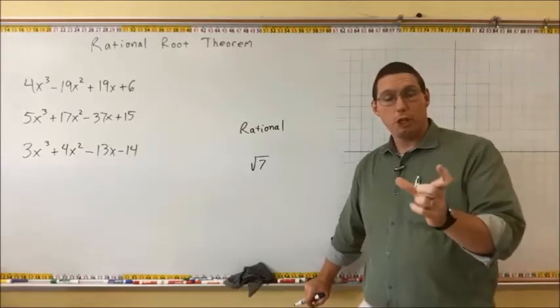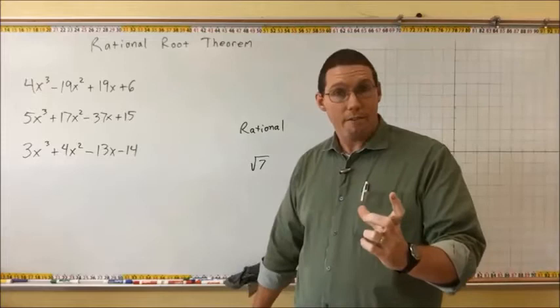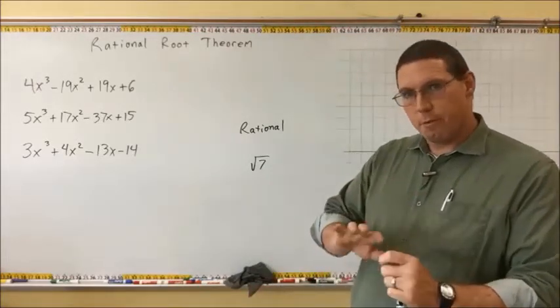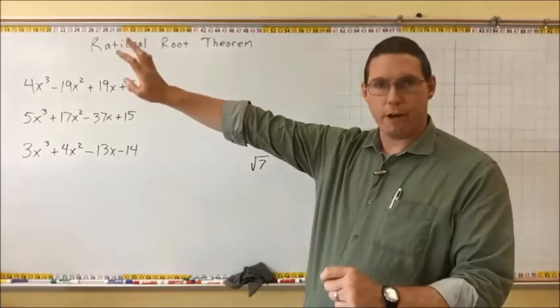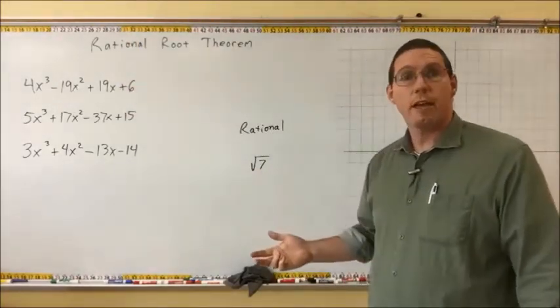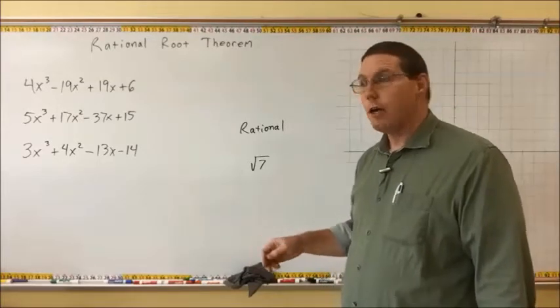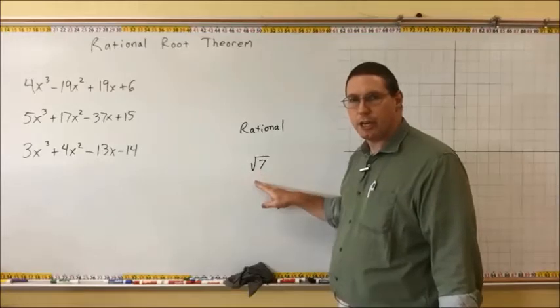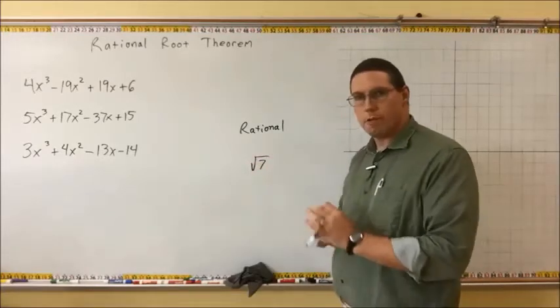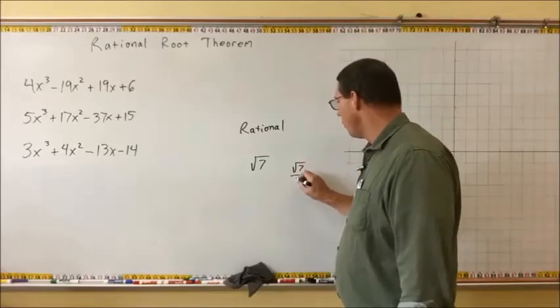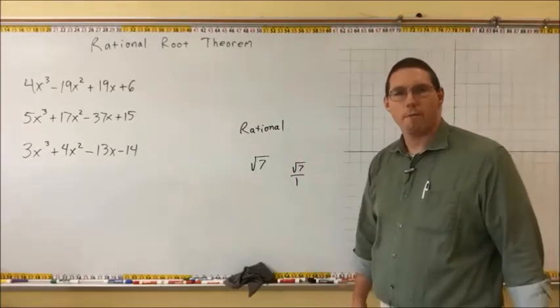The calculator would only show you like 8 of them, but the truth is, with the irrational numbers, those decimal values go on through eternity. So the square root of 7 is an irrational number because it cannot be represented as a fraction without the square root symbol. Because you might say, well, hey, Mr. Ryan, the square root of 7/1, that's represented as a fraction.